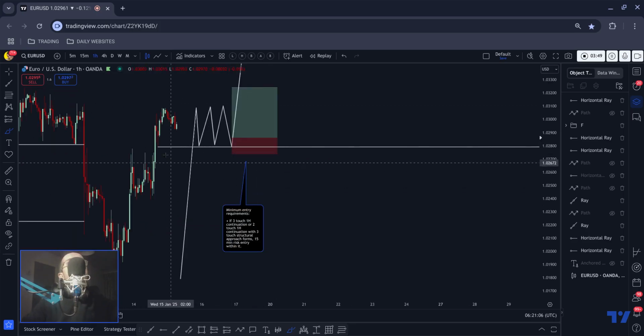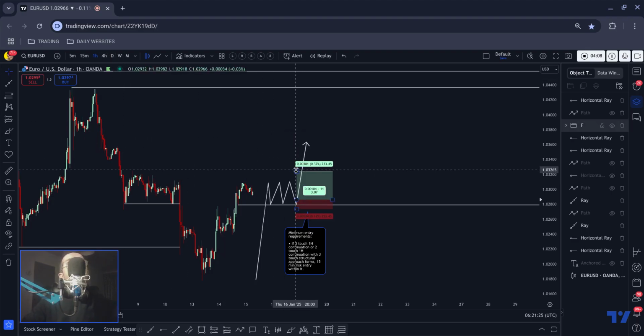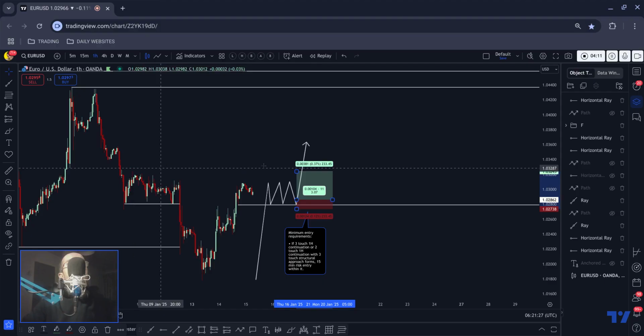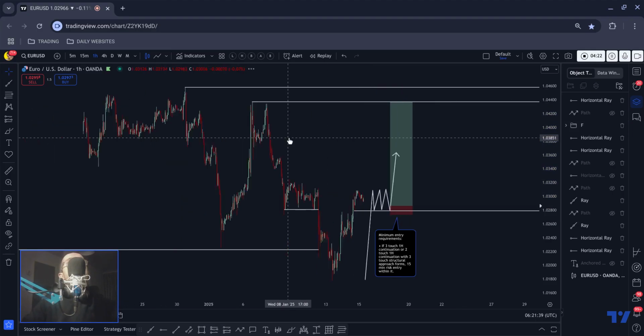Again, I wouldn't be interested in one of these really wide stop losses if I was going to get long on the break. So I'll be looking for the risk entry within the structure if we get something like that, and I've got an alert set to see if we come back down to tag this low, which failed to retest the back end of that. If we get that, then I'll be able to manage it up to the start of this structure for something in the region of 3%, and then I will be targeting this high here, or these highs, given that there's 2 of them, for something in the region of 12%.